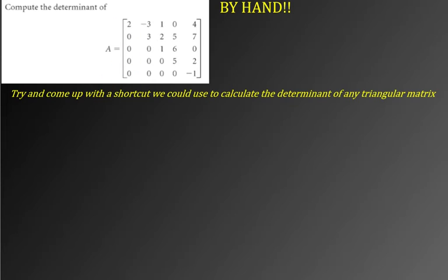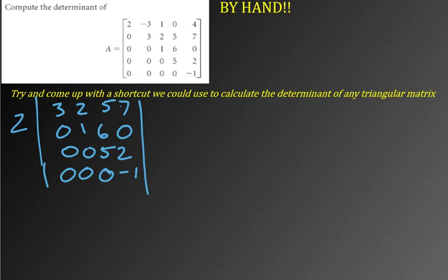So if I start doing this, I'd have 2 times the determinant of negative 3, 1. Actually, for time reasons, I'm going to plug in the rest here really quick. All right, so that would be what I get when I blank out this row and column. I have that matrix in there to take the determinant of now. Then the rest of them are going to be 0, right?